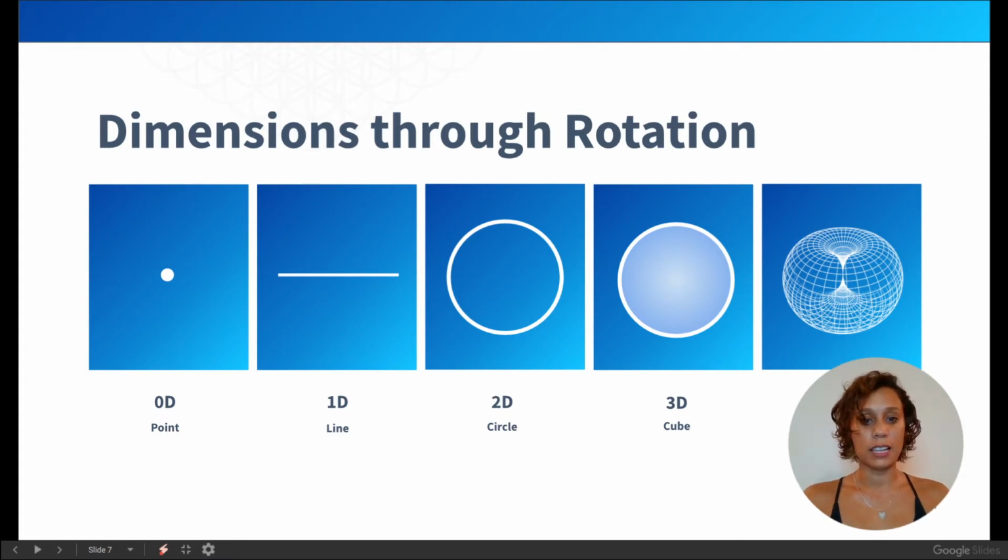Now this line can rotate around, and when it rotates it makes a circle, which is the shape that we perceive on the planet. Before we get to the sphere, something else is happening simultaneously.